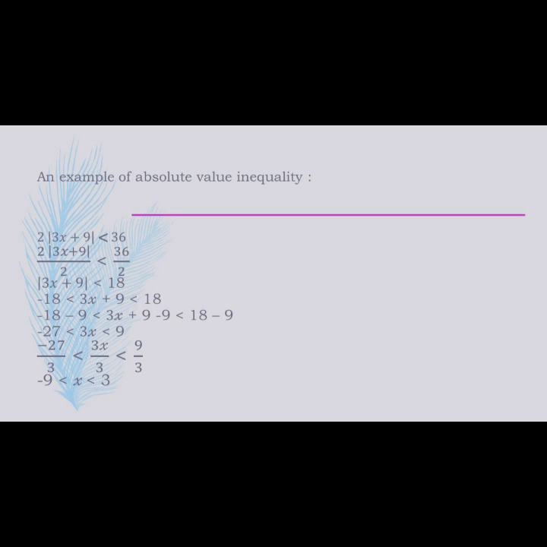Next, in this section, we can subtract 9 from all parts. So, negative 18 minus 9 less than 3x plus 9 minus 9 less than 18 minus 9. The result is negative 27 less than 3x less than 9.